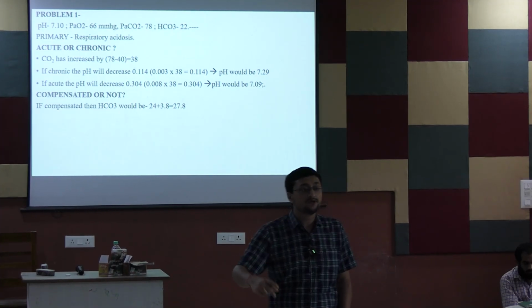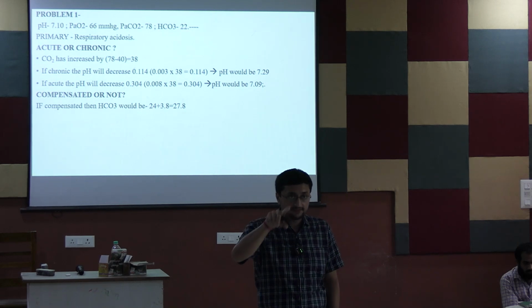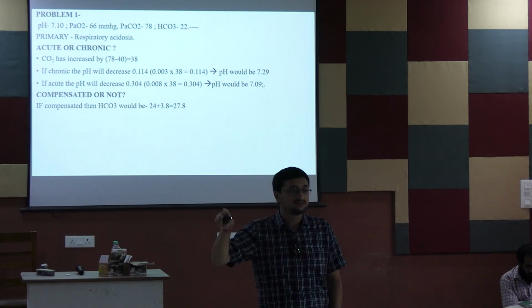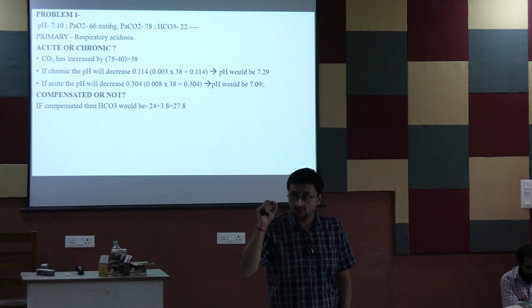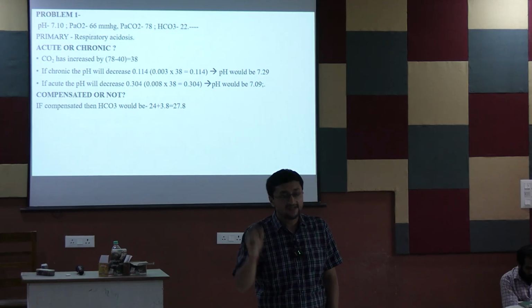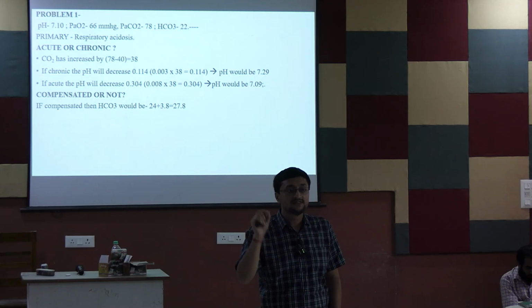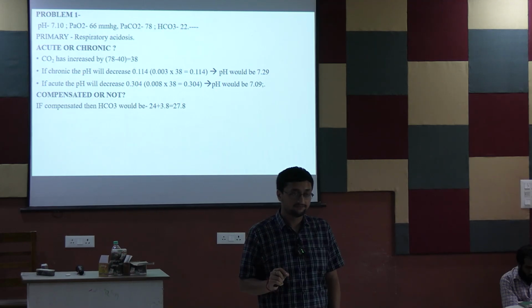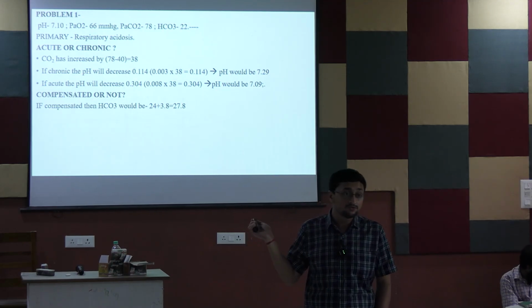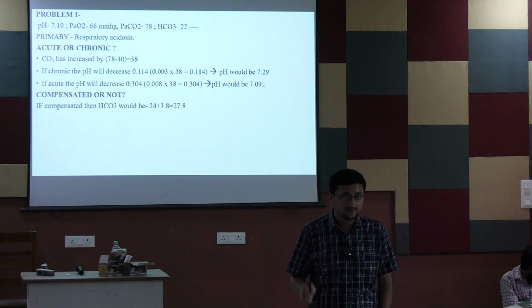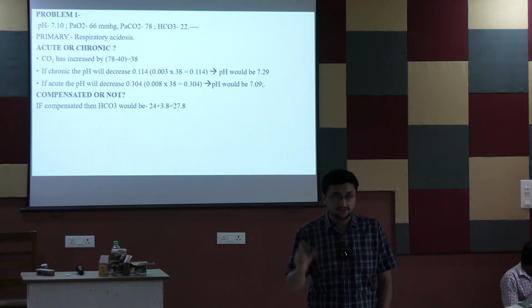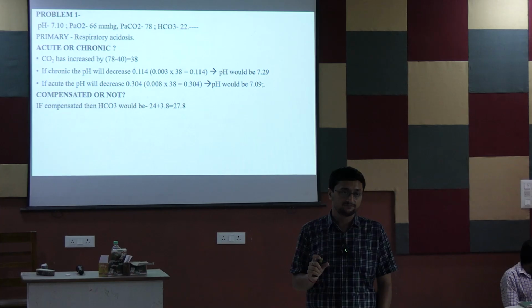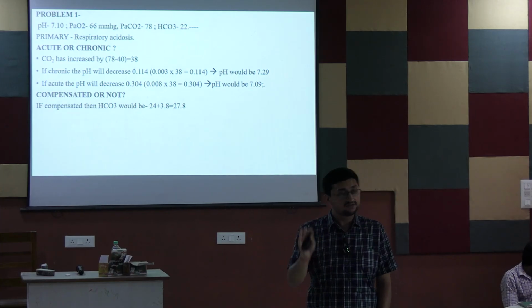That means the bicarbonate will be 24 plus 3.8, that means 27.8. If there is a compensation, then the bicarbonate will be 27.8, but here the bicarbonate is 22. So this is finally acute uncompensated respiratory acidosis. Clear? This is very important.